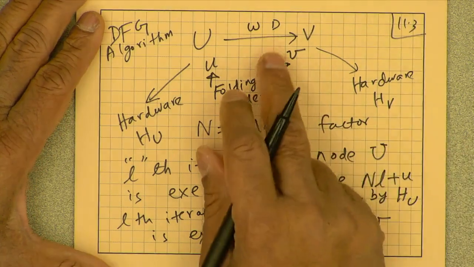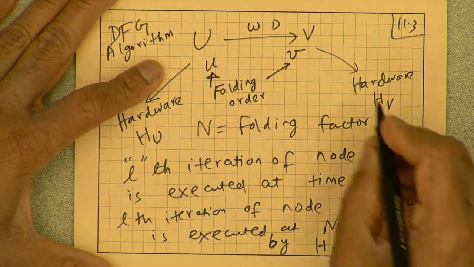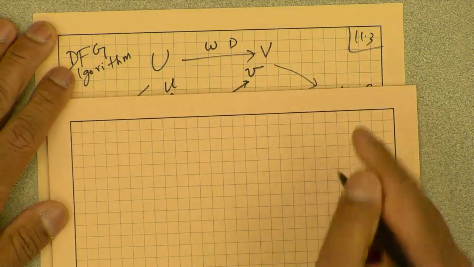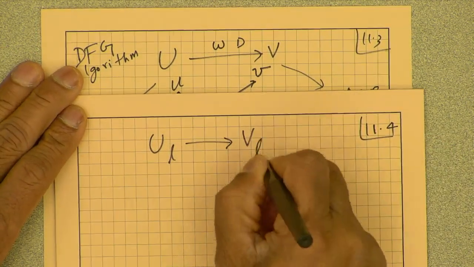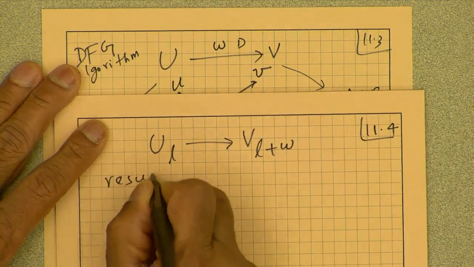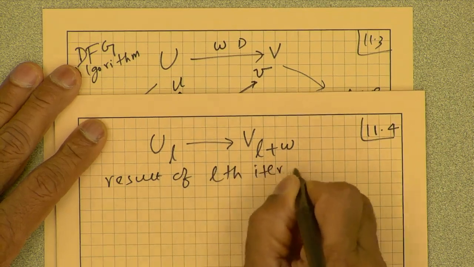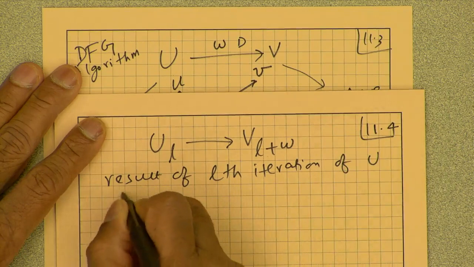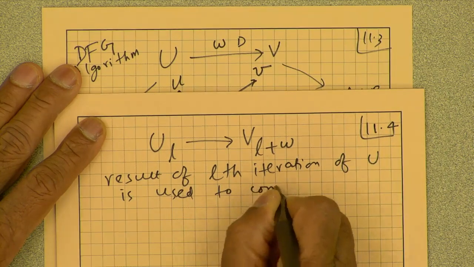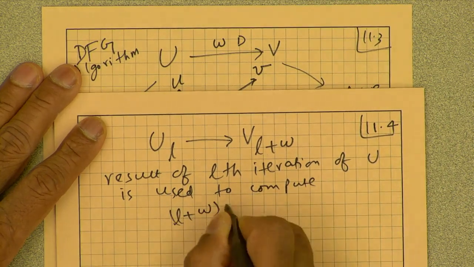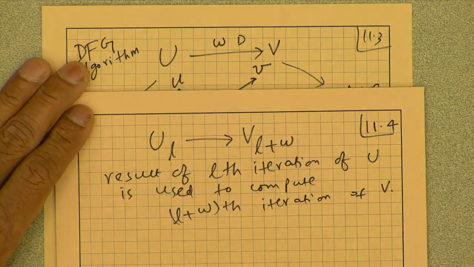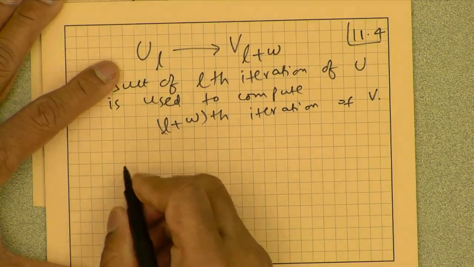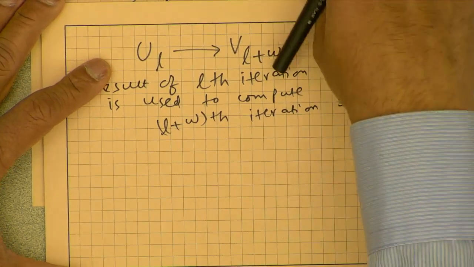Now that W delay says that the Lth iteration of U is a precedence for the L plus Wth iteration of V. That means the result of the Lth iteration of U is used to compute the L plus Wth iteration of node V. That's what the W delays in the edge show.